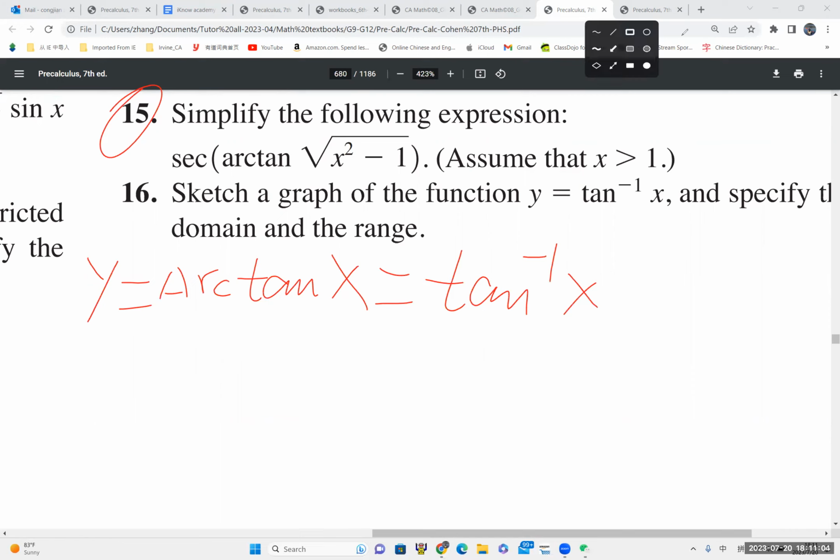Now, let's have some knowledge about it. What's the domain for this? What's the range for this? The domain is all real numbers, and the range is negative pi over 2 to positive pi over 2.